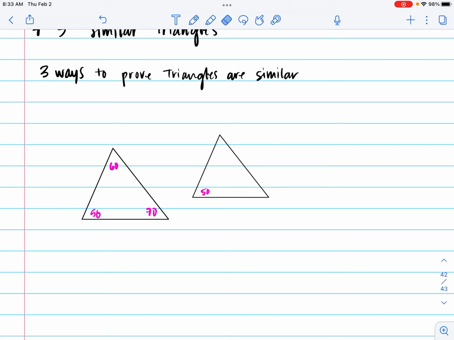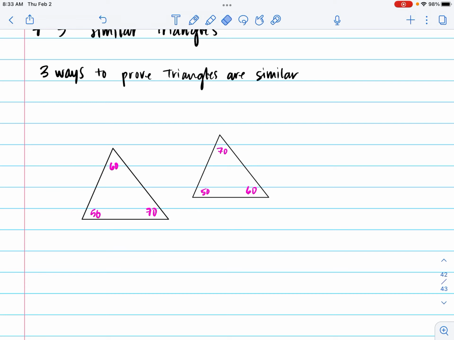And it doesn't matter what order you put them in. You could put a 70 here and then the 60 here. The fact that they still line up with or correspond to another angle properly proves that they are similar.